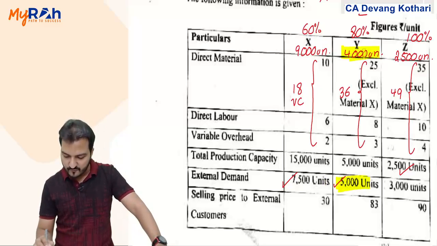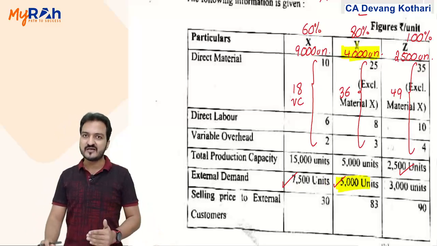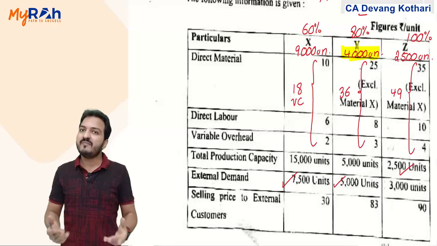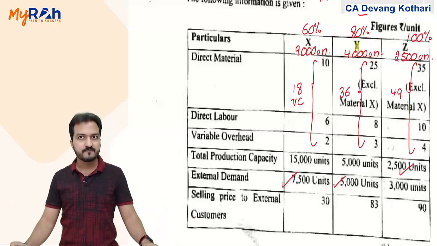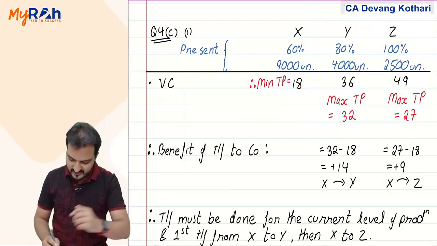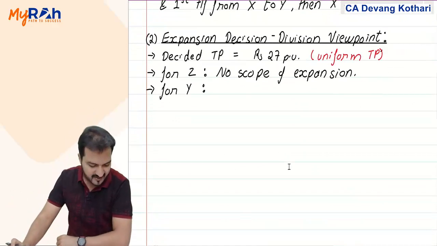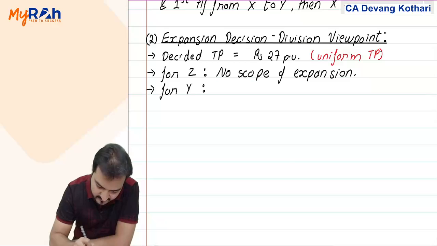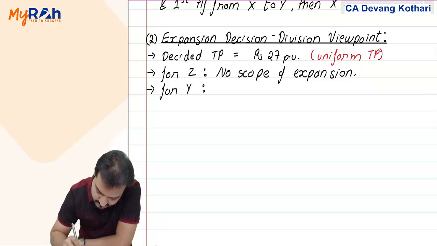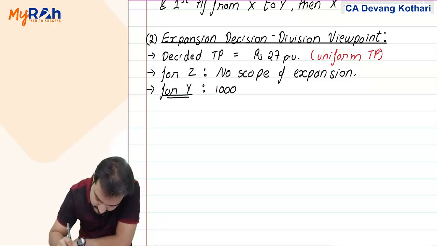Currently you are selling only 4,000, so 1,000 more you can sell, and that will make your capacity 100%. So Y can sell an extra 1,000 units.